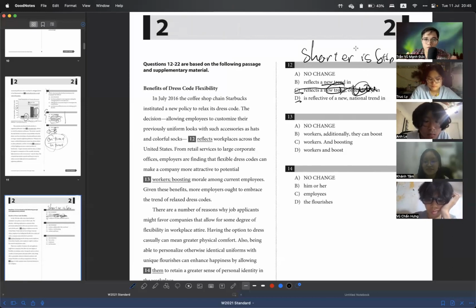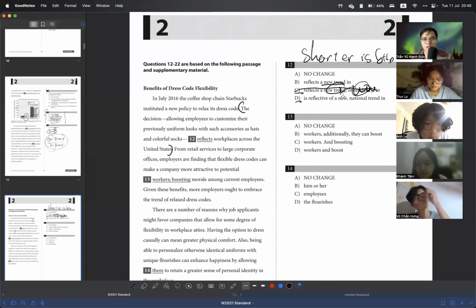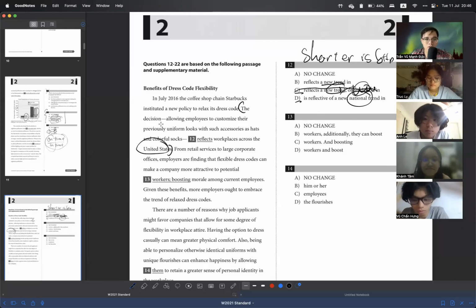These are the kinds of questions about repetition. It's not just that shorter is better; you need to read the whole sentence. Please, when a sentence is asked about, do not read just something around it. Read the whole sentence, so you won't miss a question like this. "Reflection of a new national trend in workplaces across the United States."